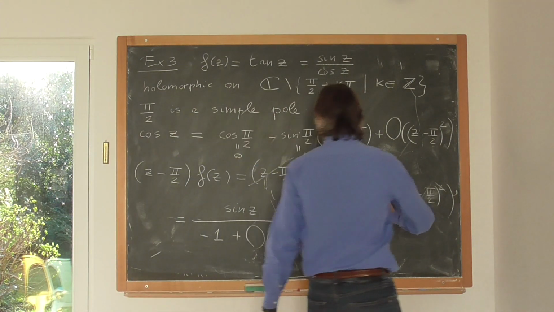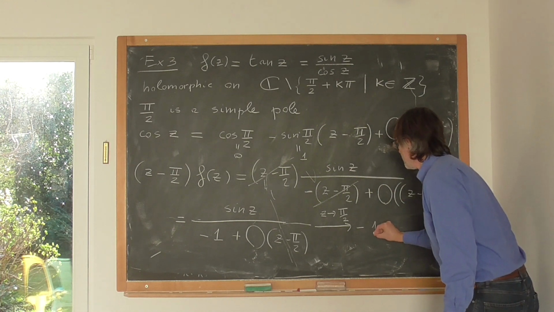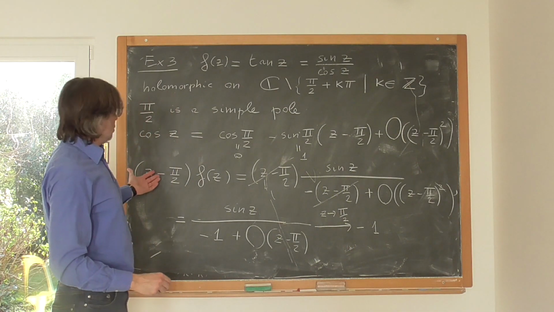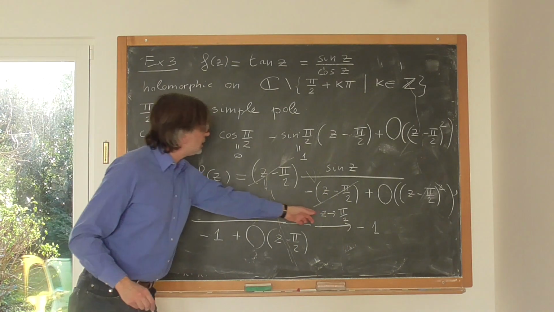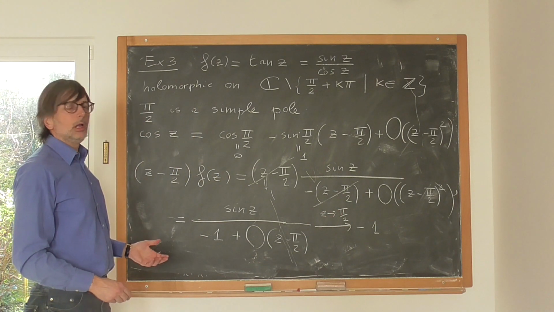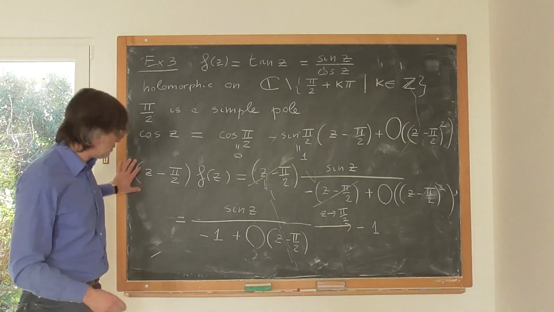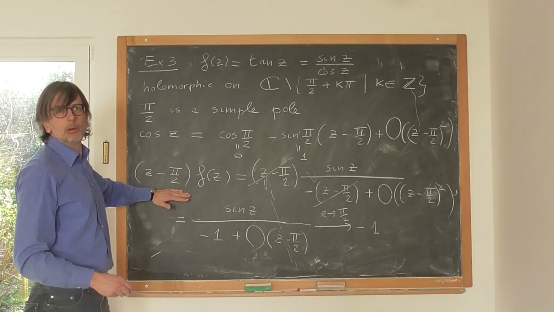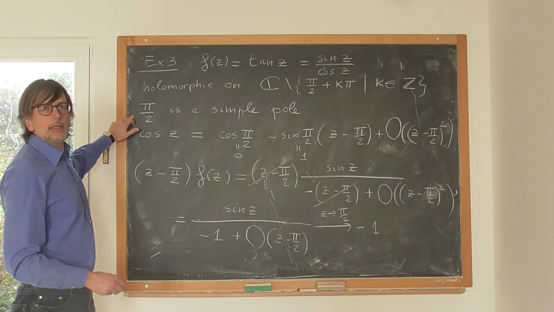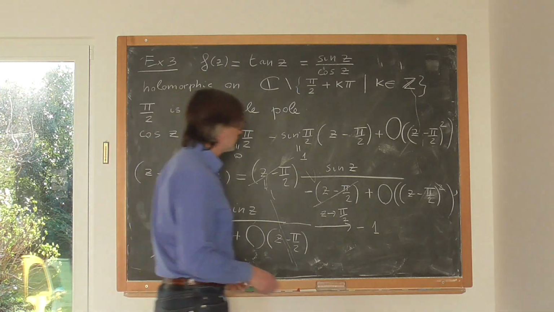So this converges for z going to pi half, and therefore, by our first theorem, the singularity at pi half of this product is removable, and this shows that pi half is a simple pole.